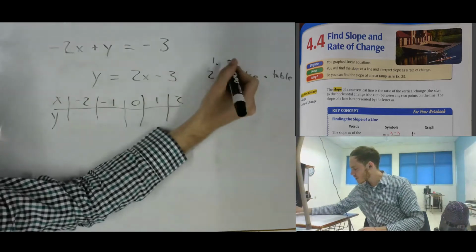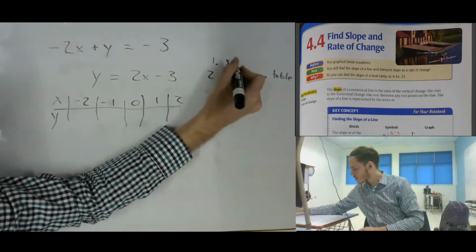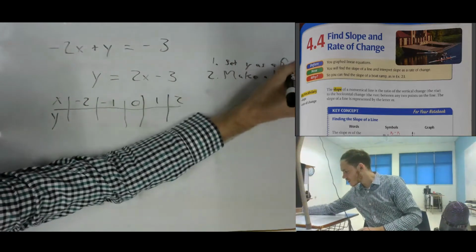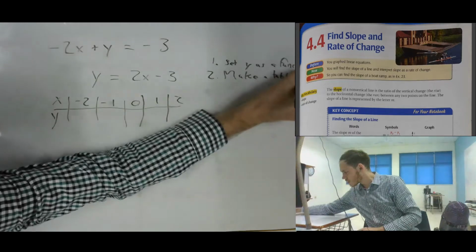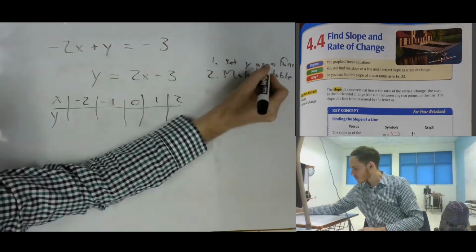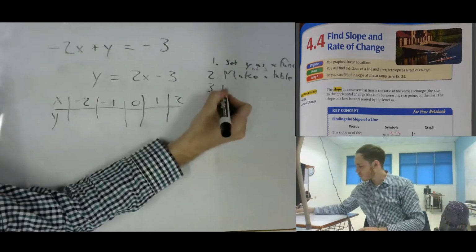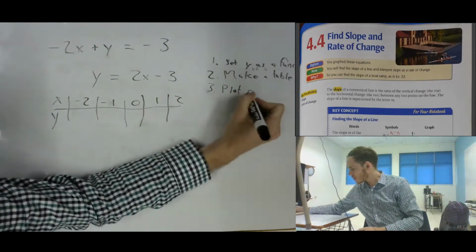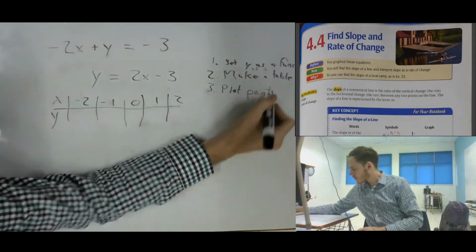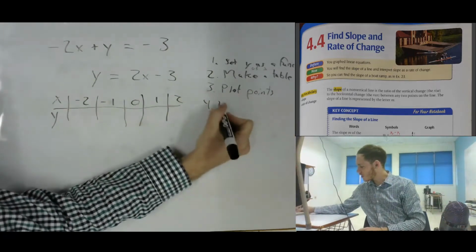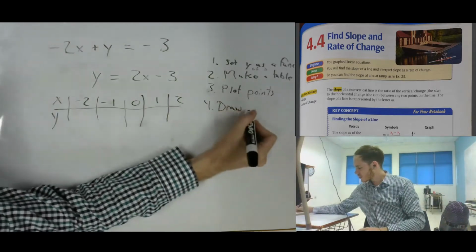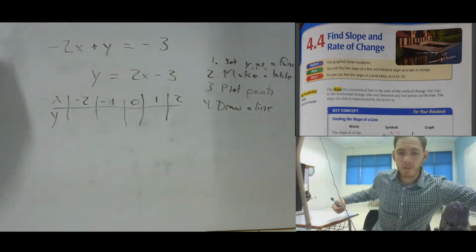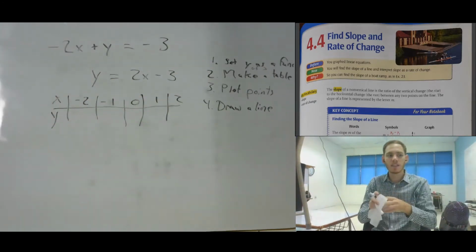The first is set y as a function of x. Then make a table, then plot points. Then draw a line.